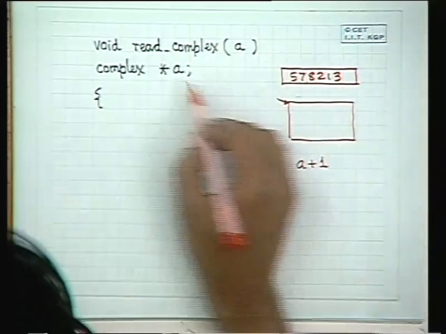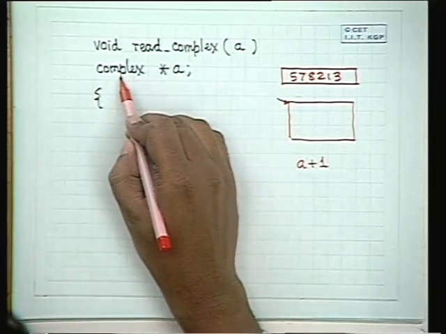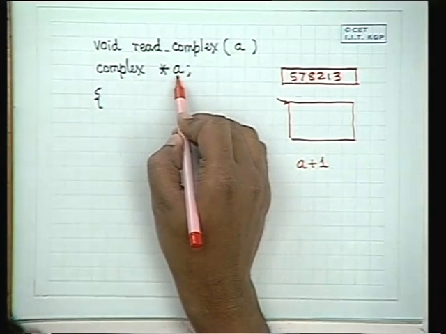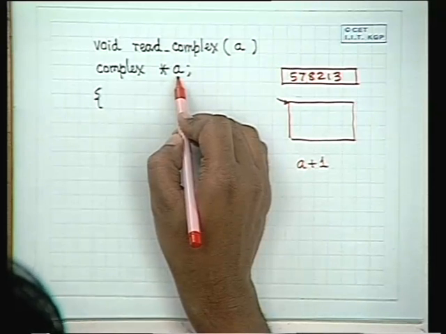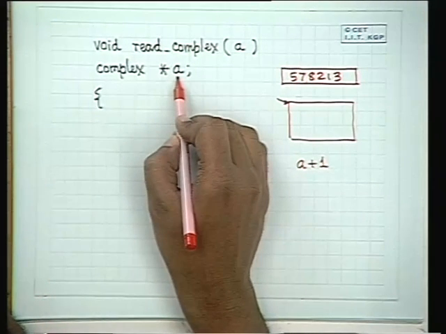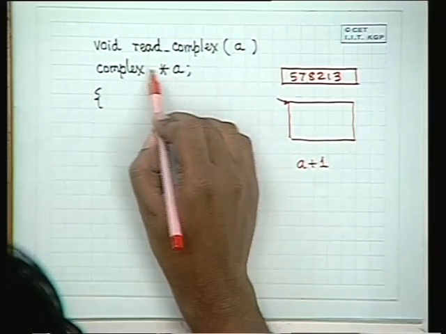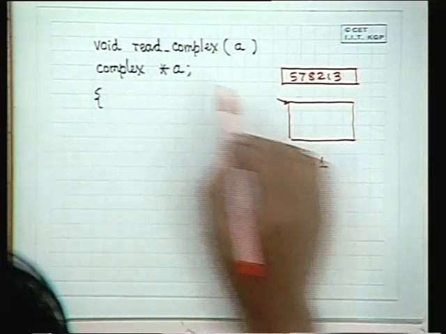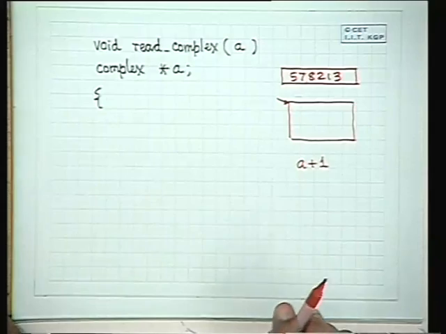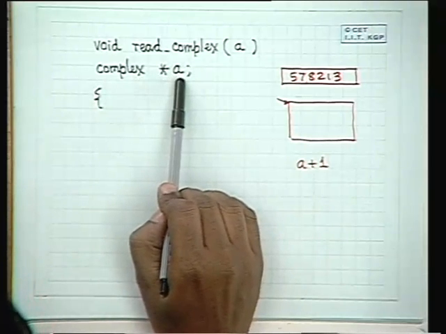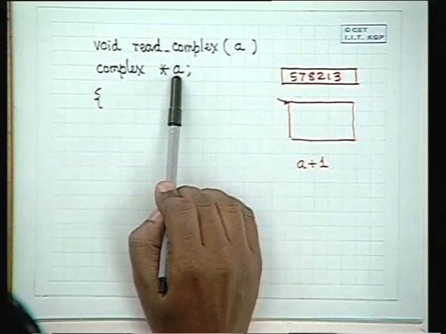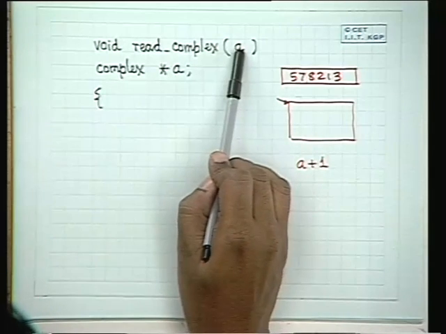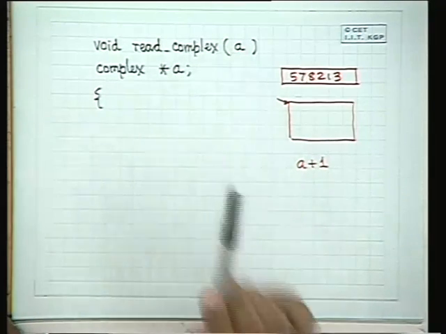If a variable points to an integer, incrementing it will increment by that many bytes; if it points to a character, likewise. If it points to a structure, it will increment by the size of that structure. So we must first remember that when you declare this complex star A, this is a variable, and the data for this will come as an argument.